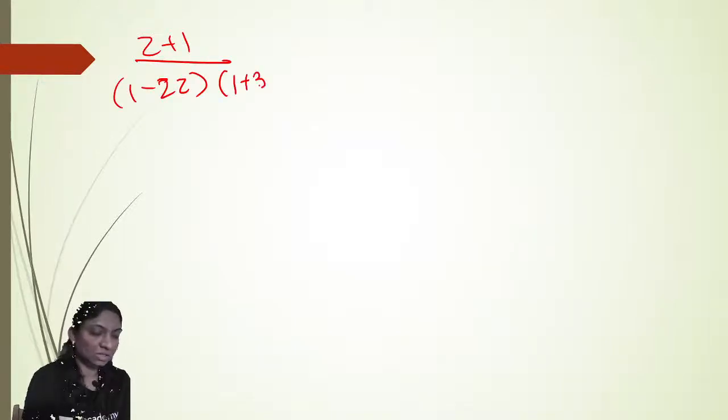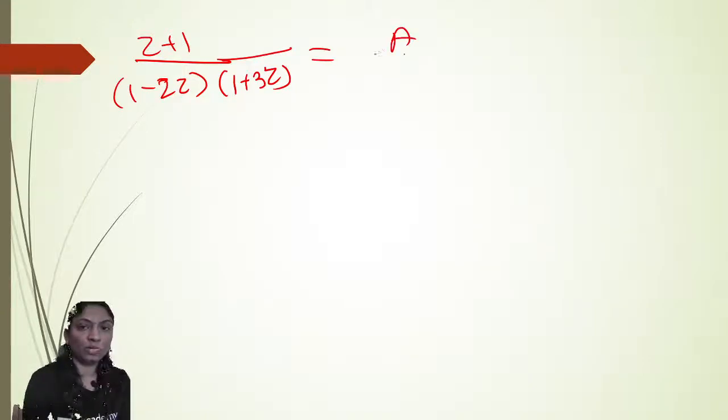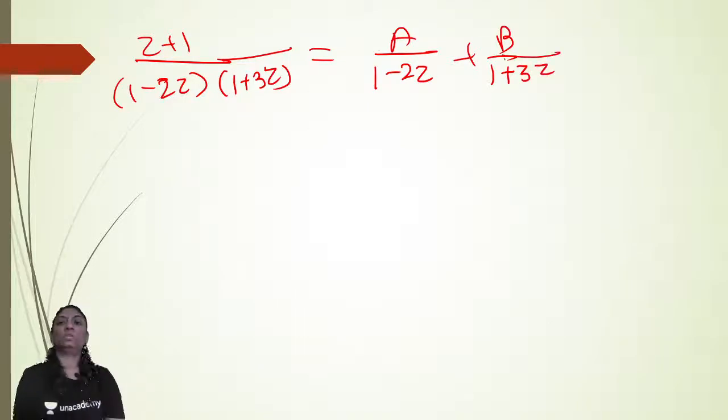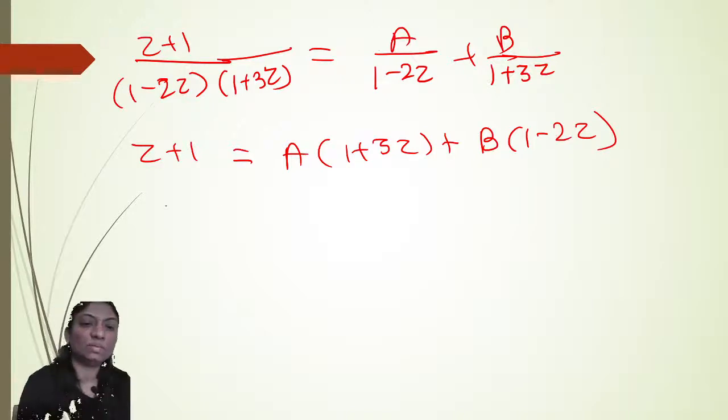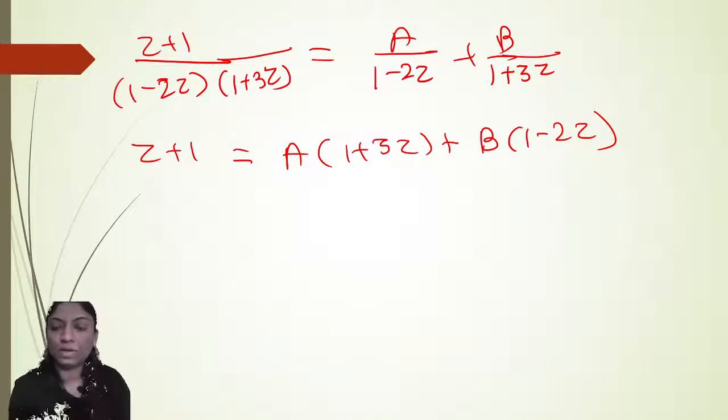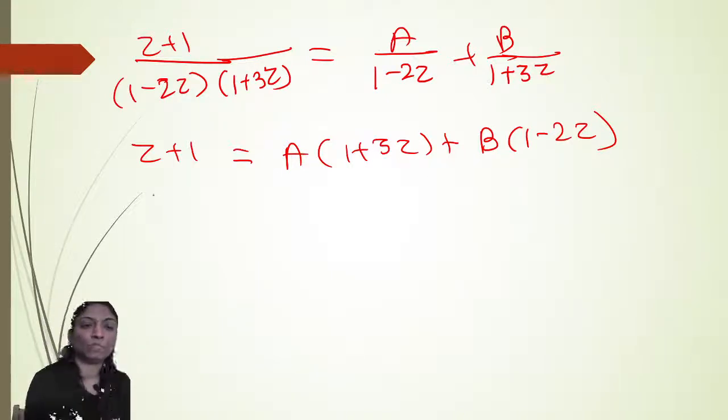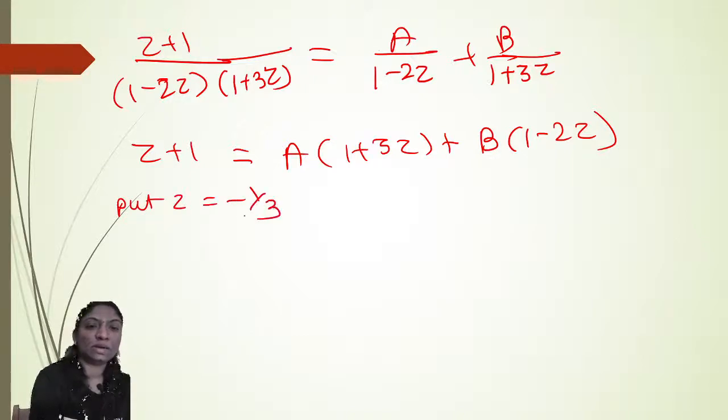Okay, so here you will get z plus 1 upon (1 minus 2z) into (1 plus 3z) is equal to a upon 1 minus 2z plus b upon 1 plus 3z, right? Multiply through, we'll get z plus 1 is equal to a into (1 plus 3z) plus b into (1 minus 2z), right? Now put z is equal to minus 1 by 3.